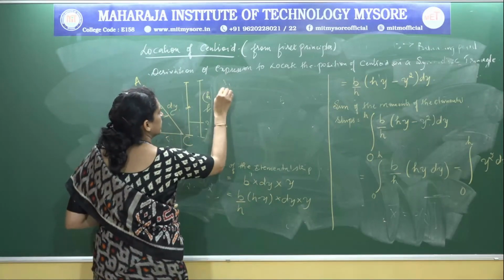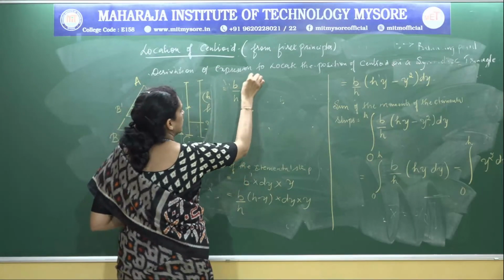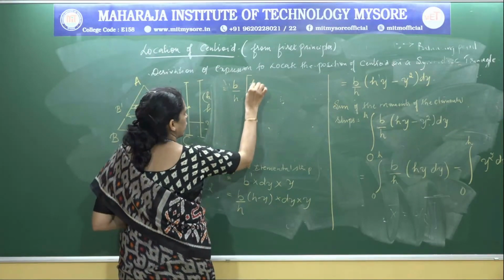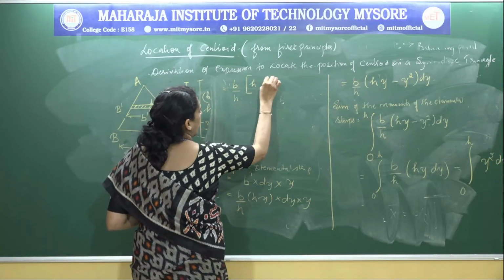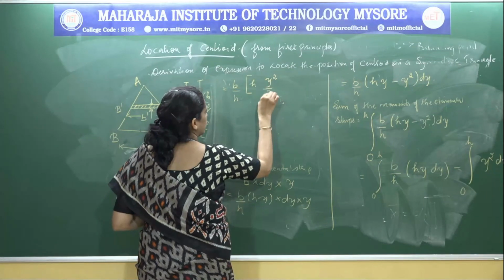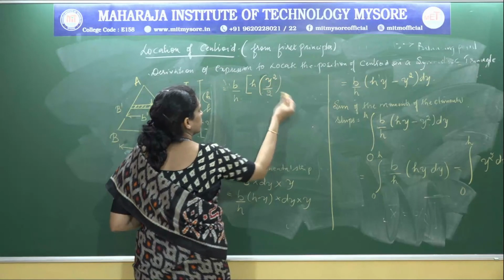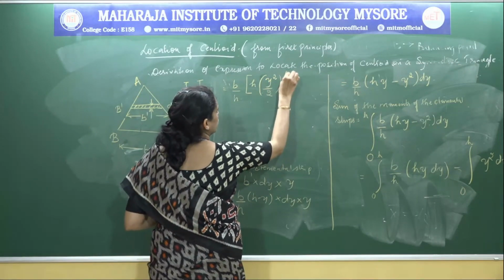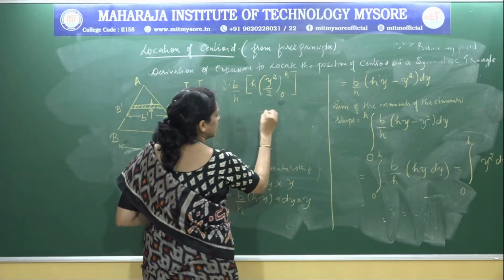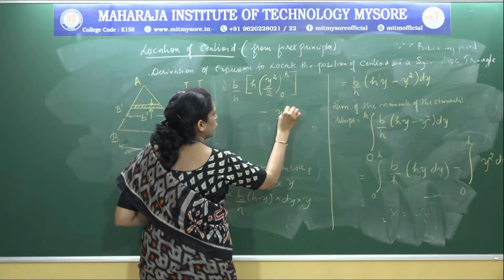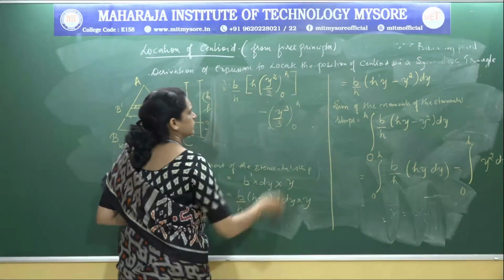So now here b by h is a constant. Again h is a constant there. So upon integration of y, we get y square by 2, from 0 to h, the limit is 0 to h, minus y cube by 3 from 0 to h.